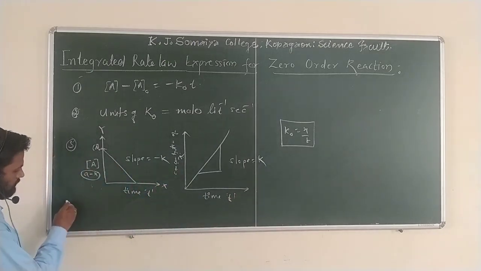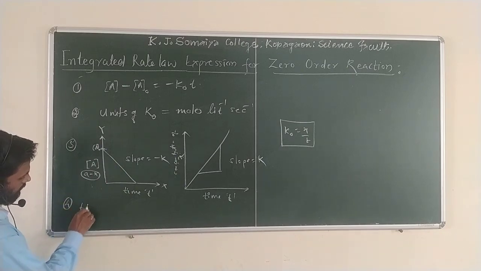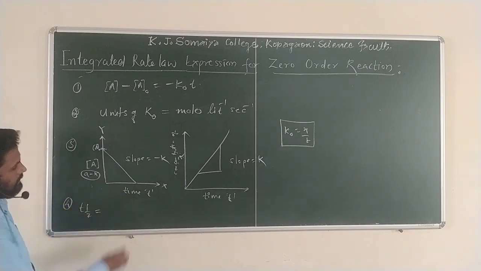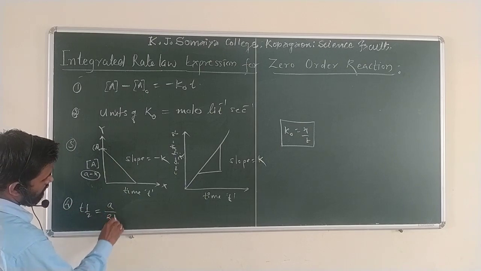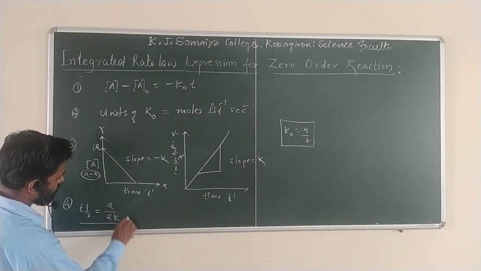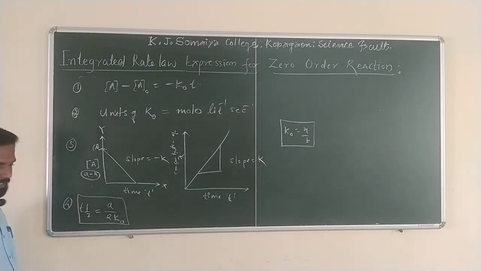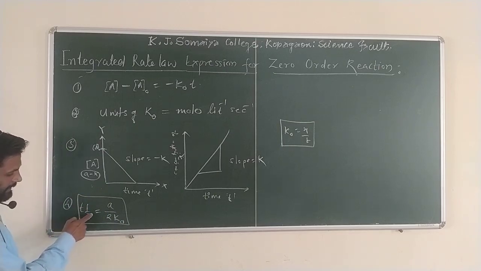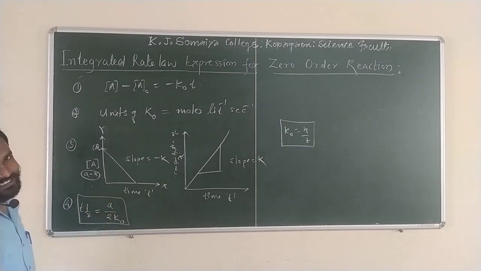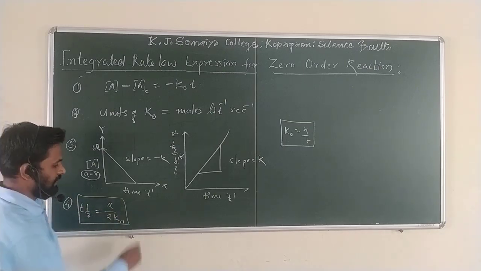And the last one, we also studied the half-life for zero order reaction, a upon 2k0. Means what? Half-life period of zero order reaction is directly proportional to the initial concentration. This is very important.